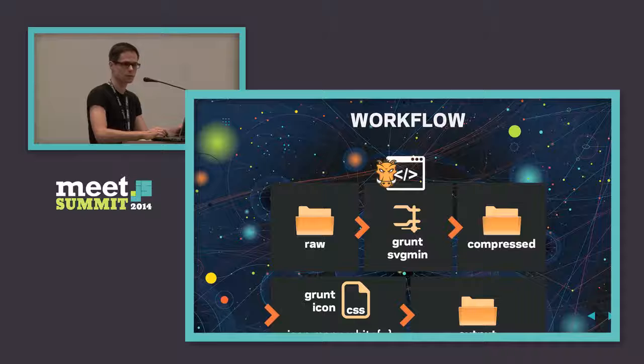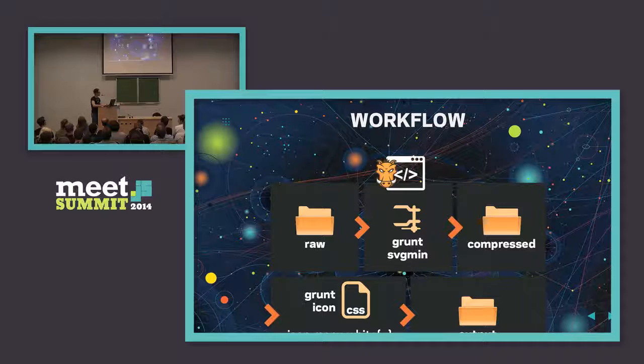Mainly Illustrator returns quite big files. You can compress them there. Compressed icons go to the compressed directory. Then the Grunt icon script is run, and it generates CSS classes, I will show you in a second, to the output folder where we can use them.